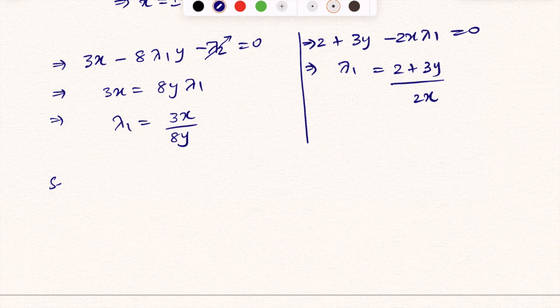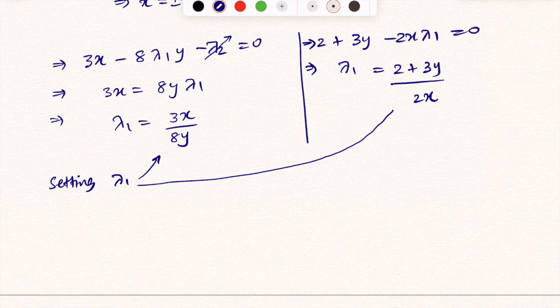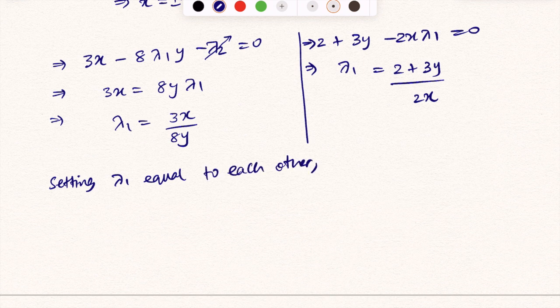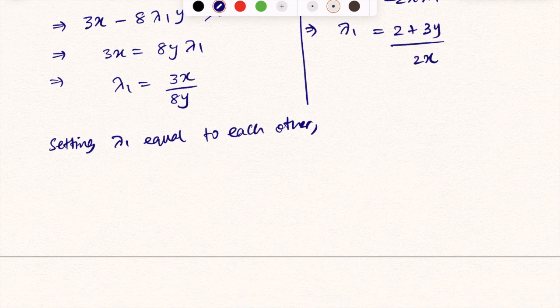So setting lambda 1, and that lambda 1, you have 3x divided by 8y equals 2 plus 3y divided by 2x.